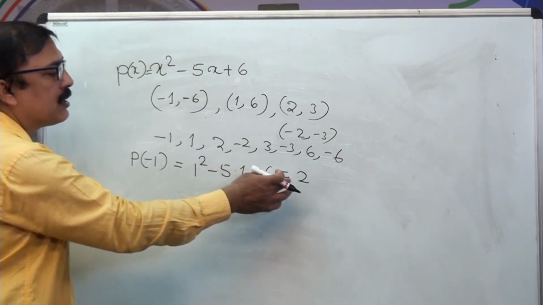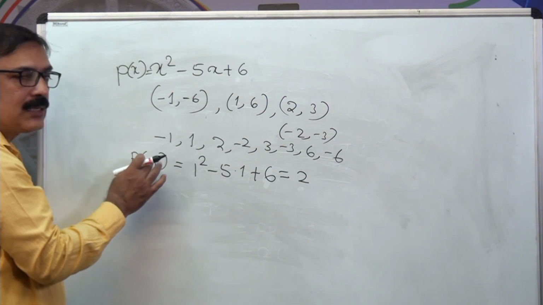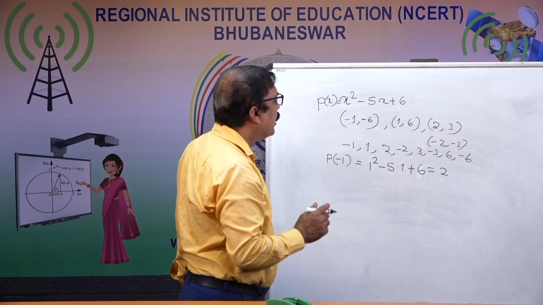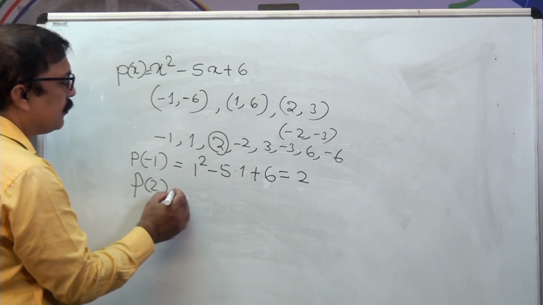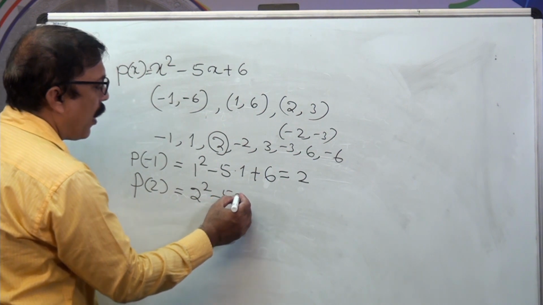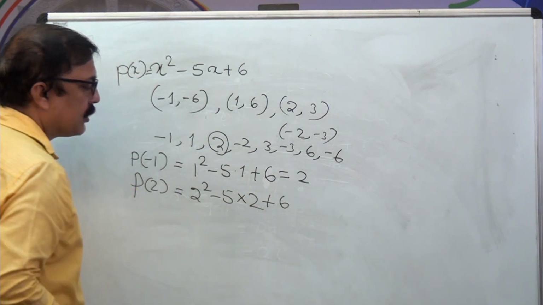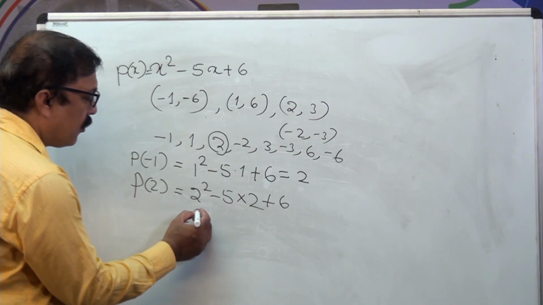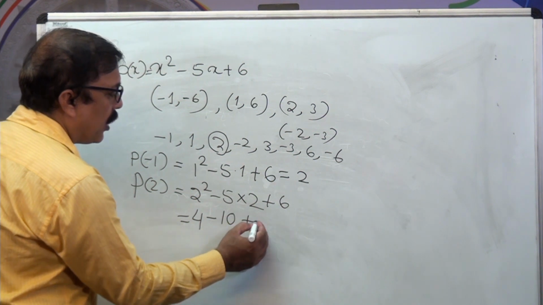So p(minus 1) is non-zero, so this cannot be x minus of minus 1, that means x plus 1 cannot be a factor. Now let's try with 2. p(2) gives 2 square minus 5 into 2 plus 6. From this what do we get? 2 square is 4, minus 5 into 2 is 10, plus 6.